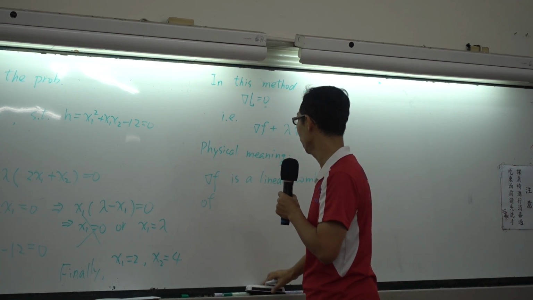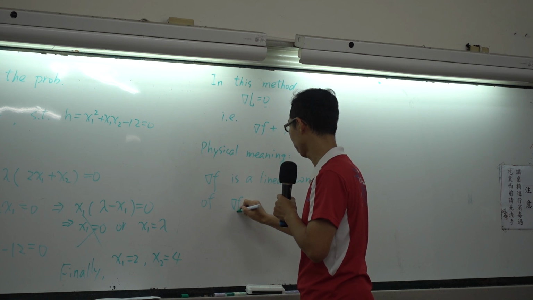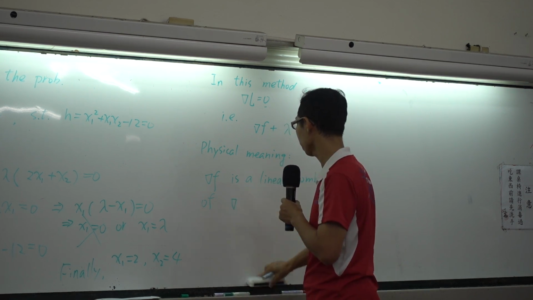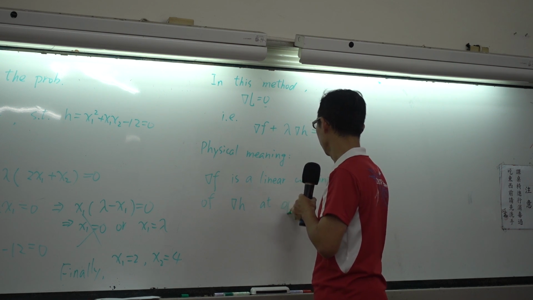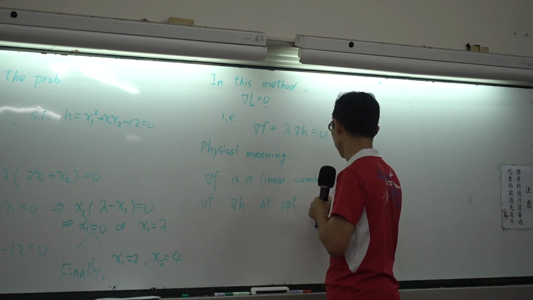So gradient f is a linear combination of gradient h at the optimum point, okay.